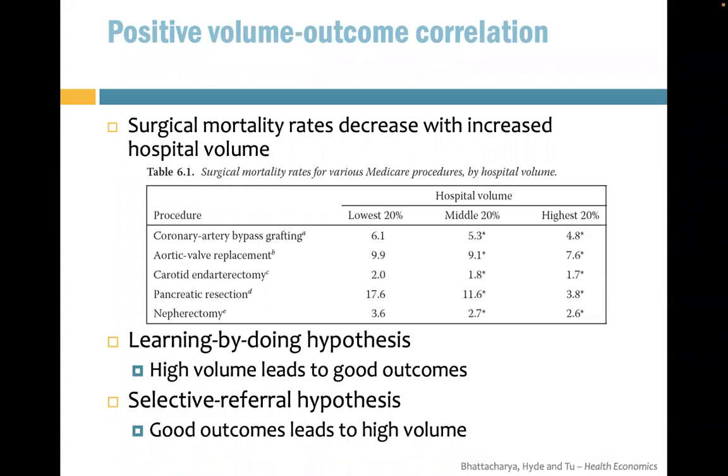You see a correlation between volume and mortality rates, but you don't know which one is the reason and which one is the result, or there might be both ways. So it's important to figure out which one is the reason, which one is the result, if you want to do something about it.